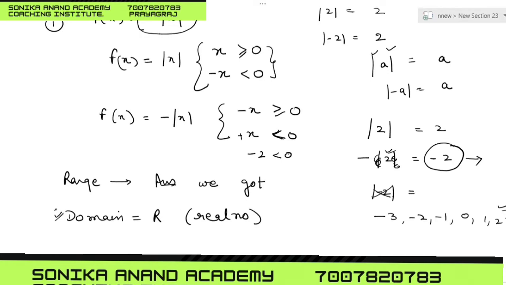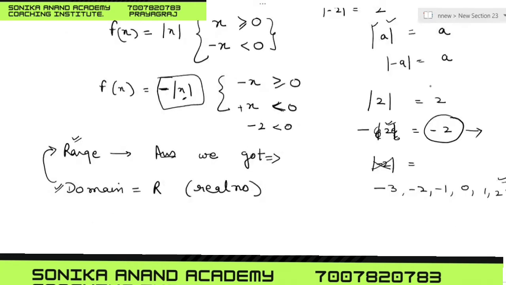And what is the answer we got after putting this value here? That is written as the range. So what is the range we got over here? We always got a negative answer. See over here, if I put 2, we get answer 2.